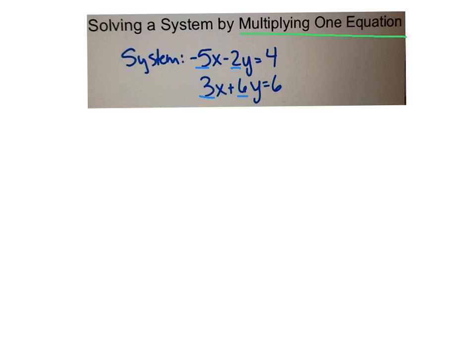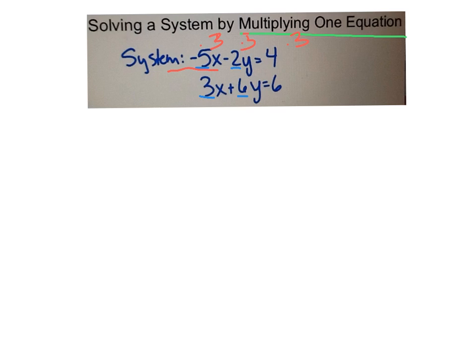Now in this one, we only have to multiply one of them because on the top here, the 5 does not multiply to give you 3, but the 2, you can take 2 times 3, which gives you 6. So by multiplying the top times 3, I get it to match the bottom. But when you multiply, you have to multiply every part of it. So I'm taking the first one times 3, the second one times 3, and the third one, all times 3.